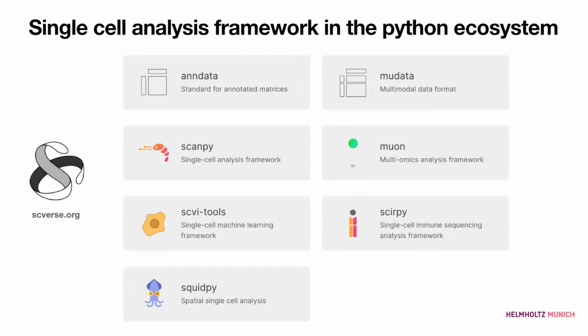And then more advanced tools like scvi-tools for integration, Scirpy for looking at immune data, and Squidpy for looking at spatial data. And we are looking to add more and more tools to this community to give all of us a way of organizing the packages a bit better.